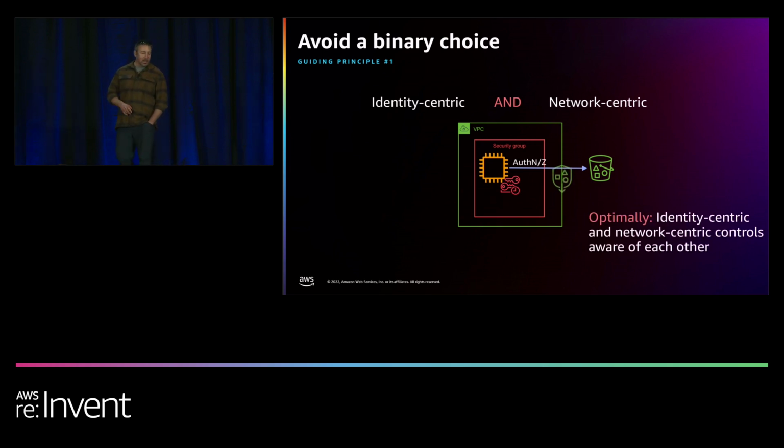And ideally, those two things not only work together, but they are aware of one another, right? And a great example of this in AWS is something like a VPC endpoint. It's a control at the edge of your network that can reason about the identities and the resources that are flowing across it and write policy that actually incorporates all three, right? Really, really great patterns.